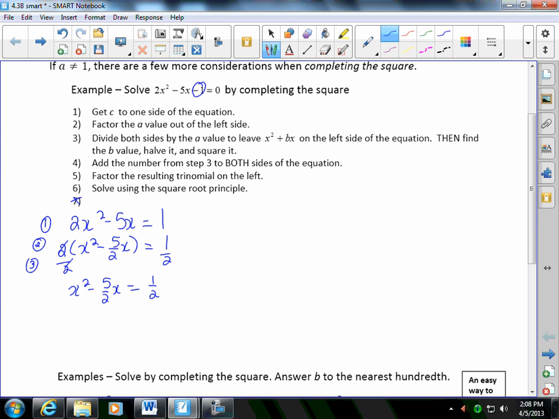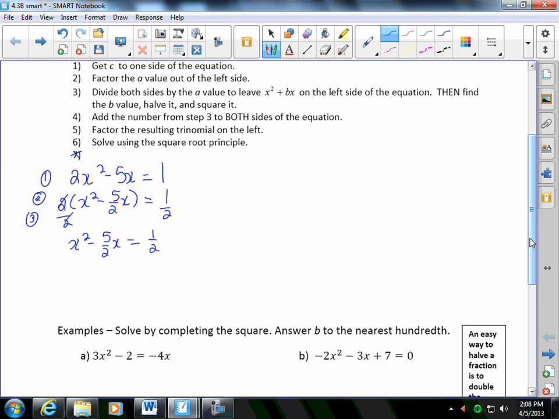So all I've done is I've GCF'd the 2 out of the first two terms, and then I divided by 2 to get rid of it from my equation so that I can just complete the square. So my b value is 5 over 2.